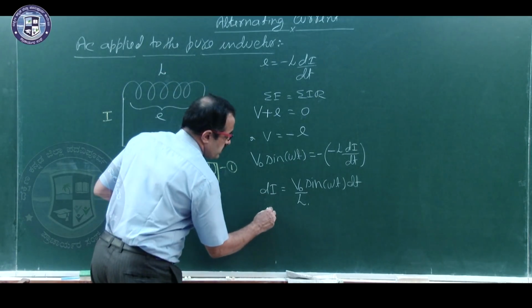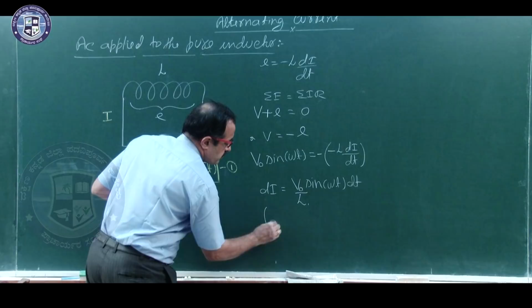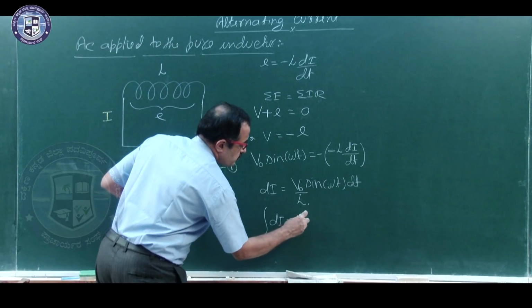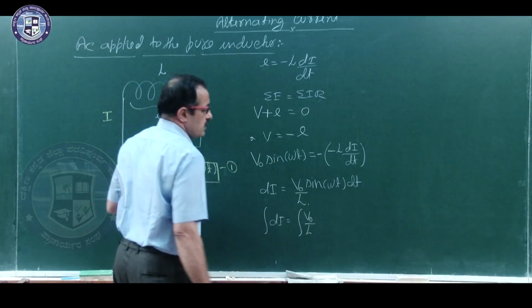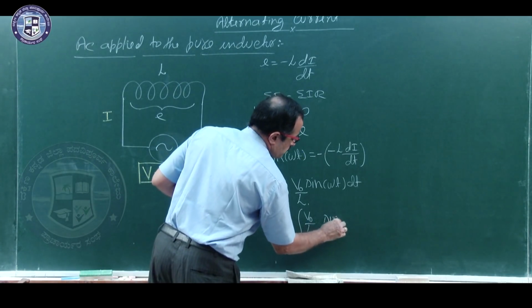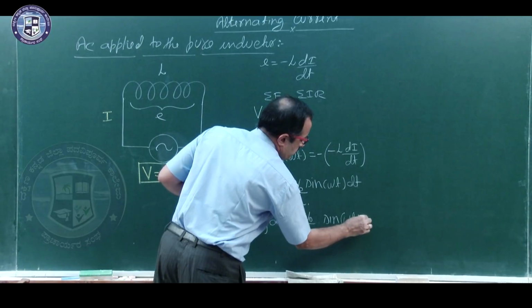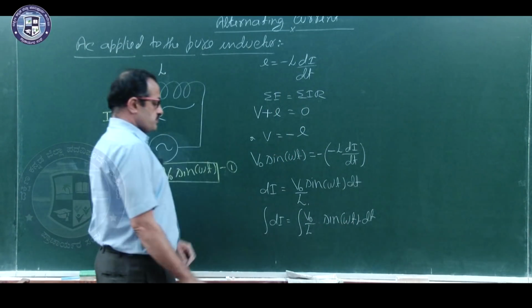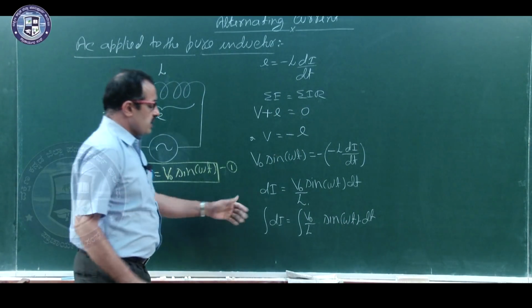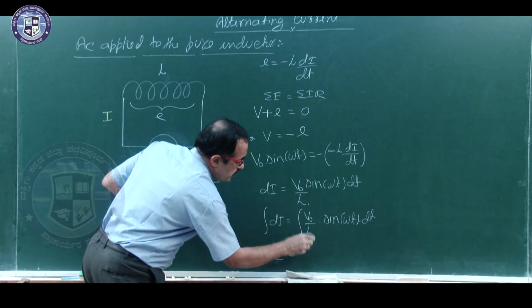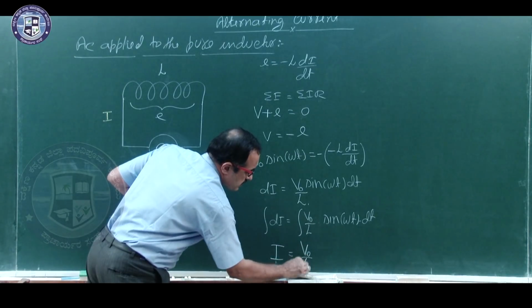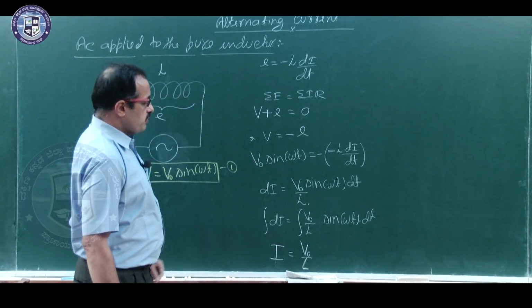So, next step, integration of di is equal to integration of V naught by L into sin omega t dt. Integration of di is I. V naught by L is constant, take it outside, and what is remaining?